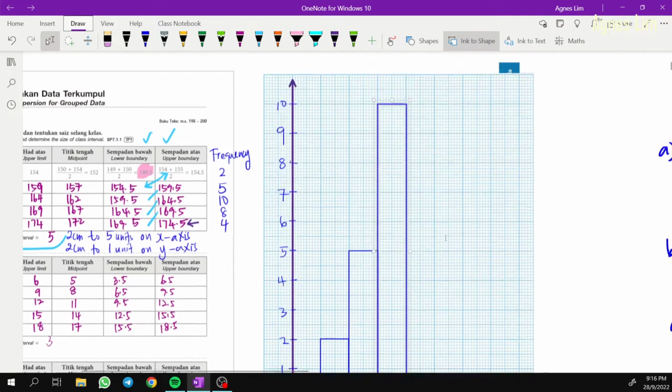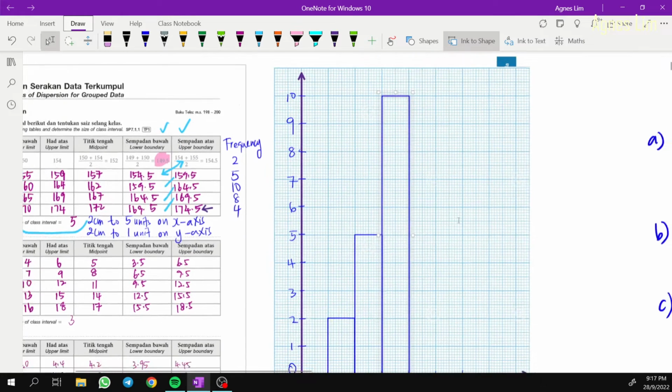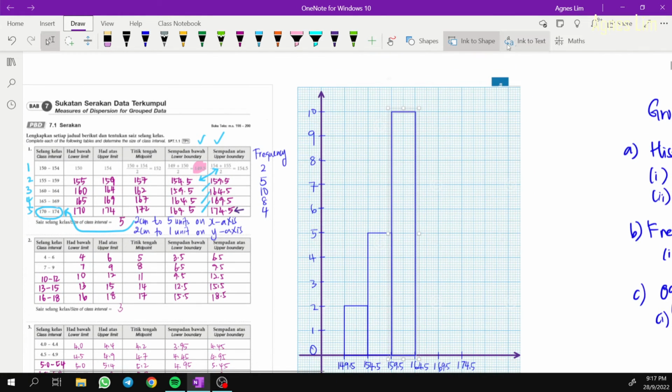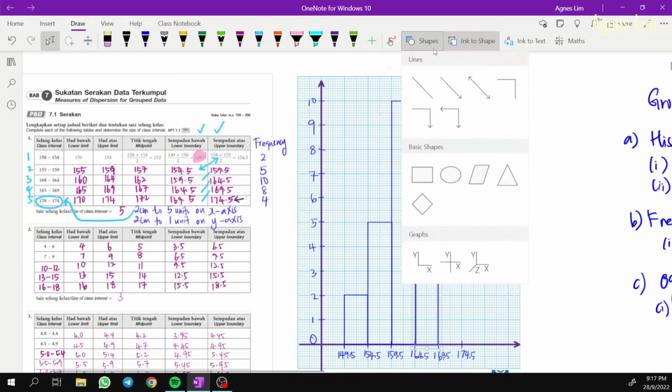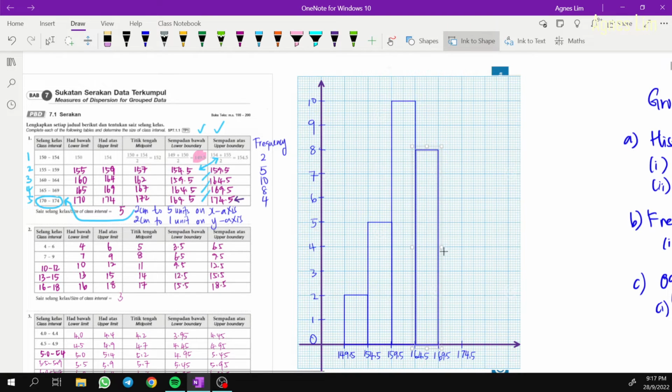So far it's easier. Let me zoom out a little bit. Next will be 8. And then the last bar is 4.